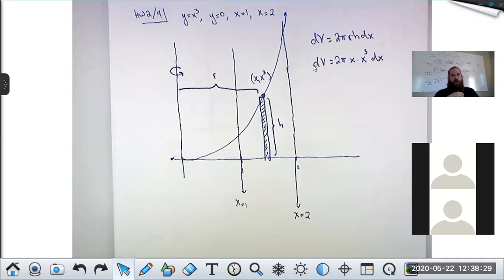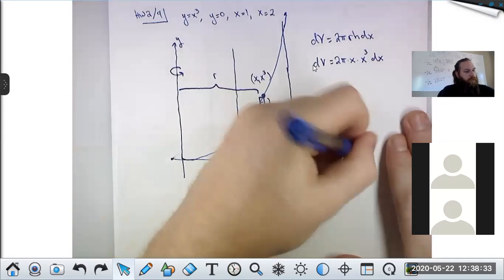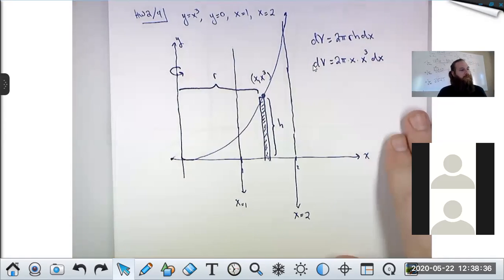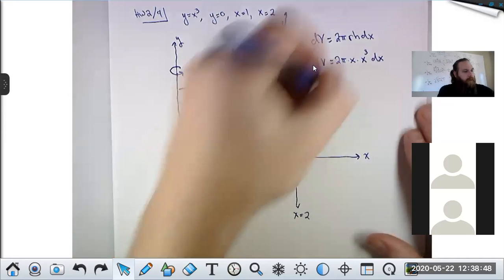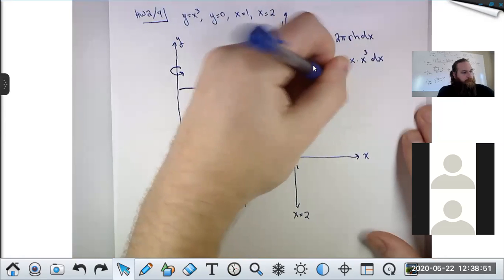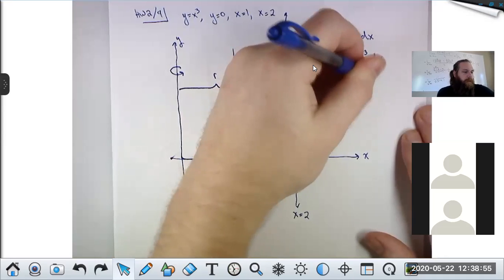Everybody see why r and h come out the way they do? So then my dV is 2 pi x to the 4 dx.